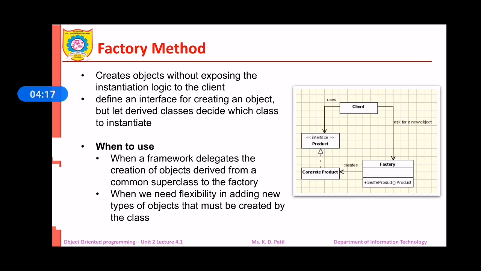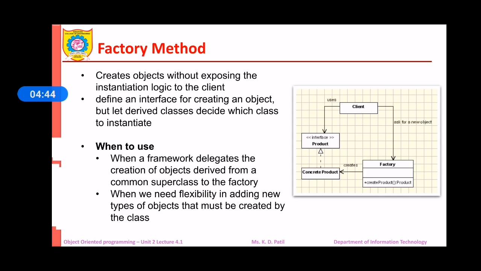Let us see the next pattern, that is factory method. It creates the objects without exposing the instantiation logic, that is the process of creating the object, to the client. It defines an interface for creating an object but lets the derived class decide which class to instantiate, or whose object shall be created.